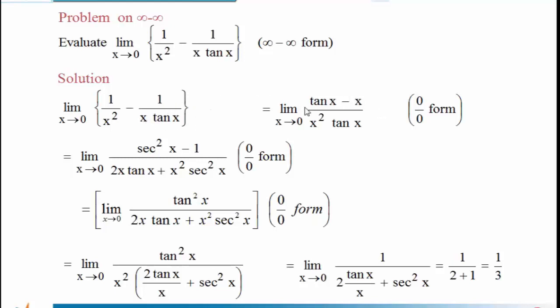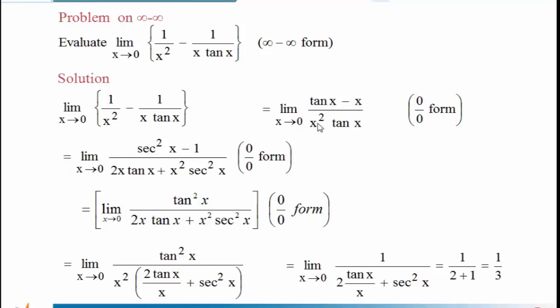The x cancels, only this ratio will remain. So in this way we can reduce this problem into such a ratio, f of x divided by g of x. This is our new function f, and this is our new function g.